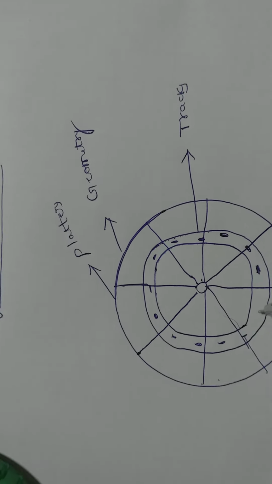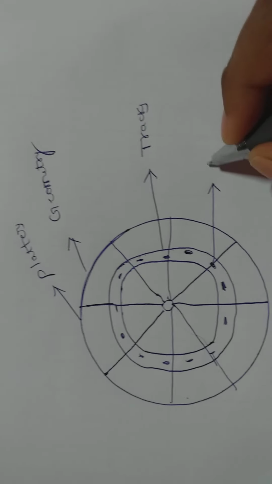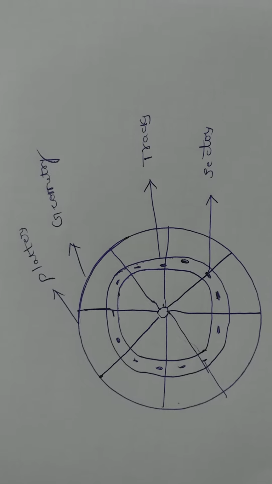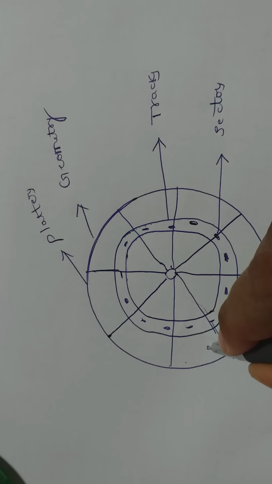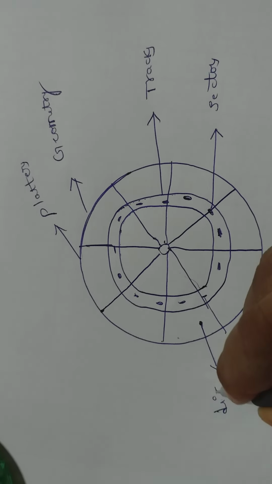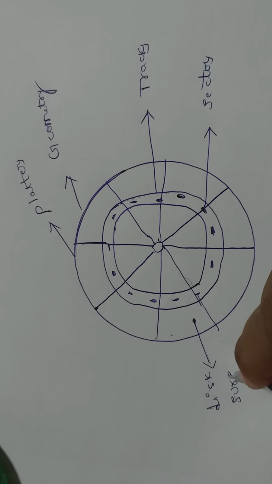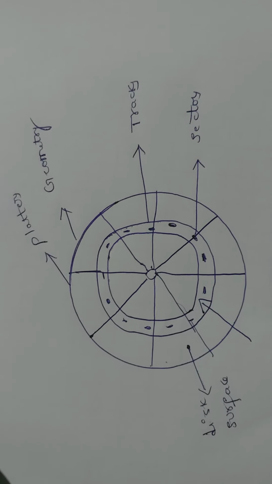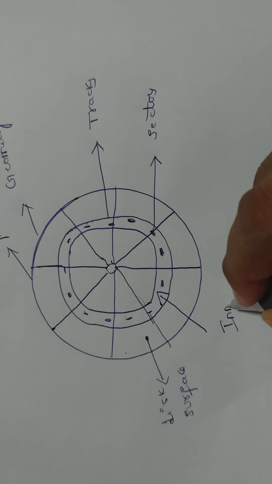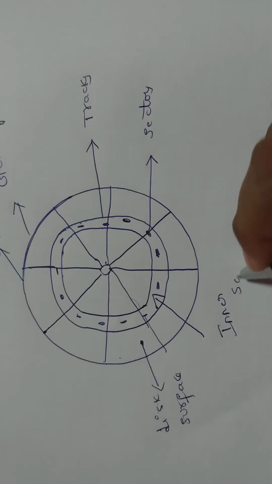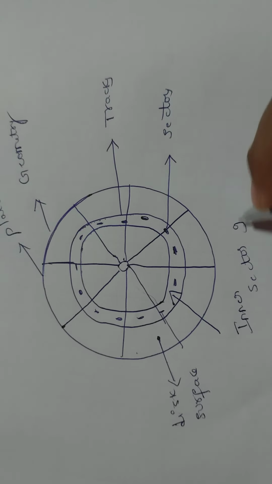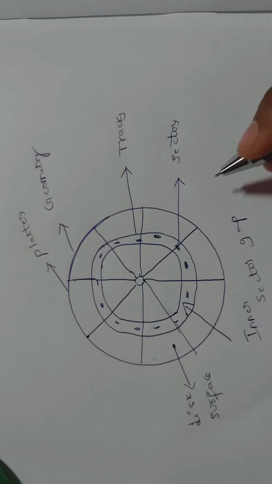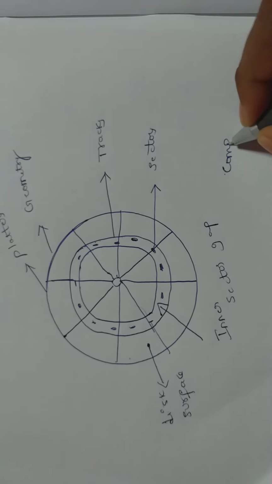We call these sectors, and this space we call the disk surface. The space between sectors we call the inner sector gap. This is all about the components of a disk.